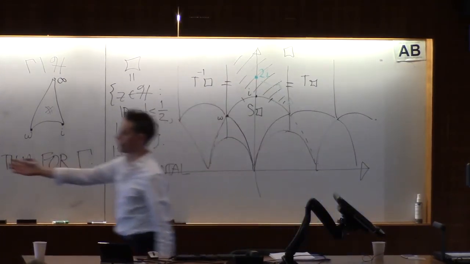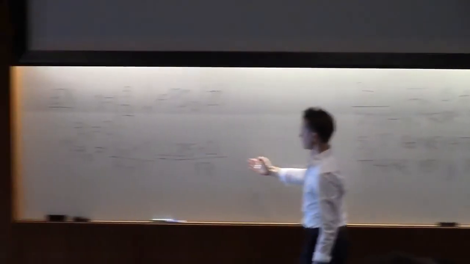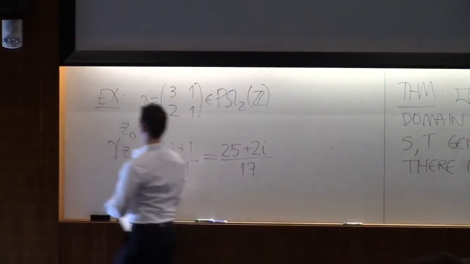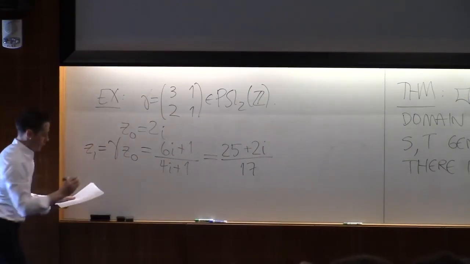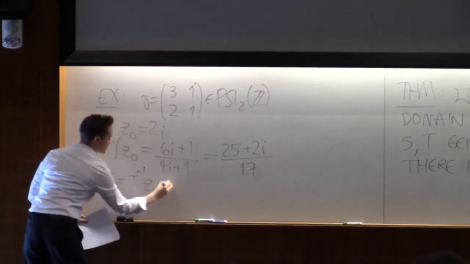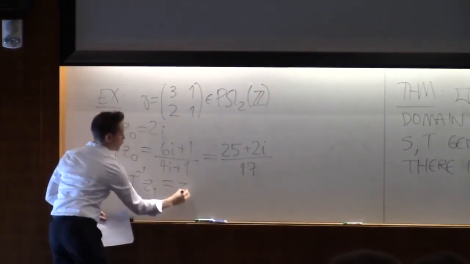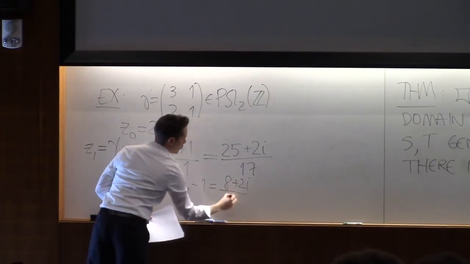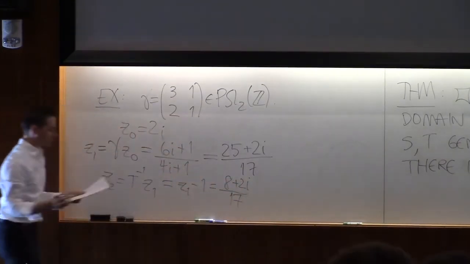How much should I translate this by? 1. I'm going to subtract just a 1. So z2 will be T inverse z1. That just subtracts 1, which will give me 8 over 17 plus 2i over 17.